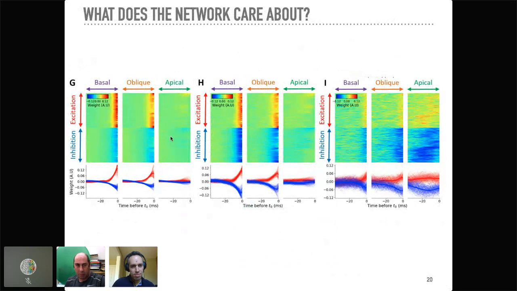These three columns are the filter of one input unit of this deep neural network. And this is time. So the network is sensitive to input that happened recently, more than input that happened, like spikes that arrived way before, like 80 milliseconds before.